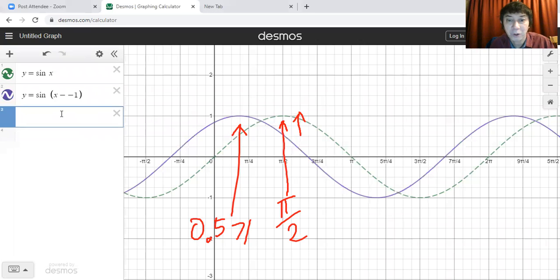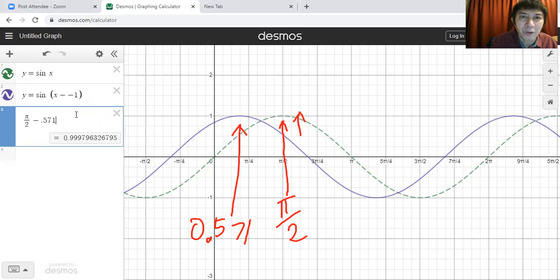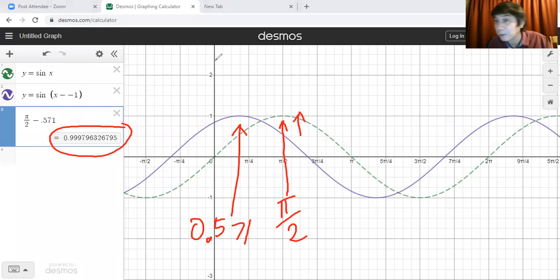This will now be a computation: pi over 2 minus 0.571. Here's our result: 0.9997963. That is very, very close to 1. And so the graph really moved to the left.